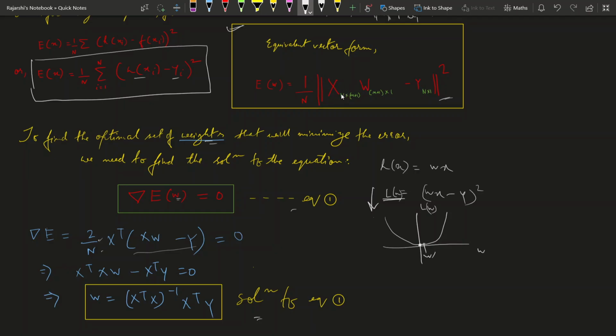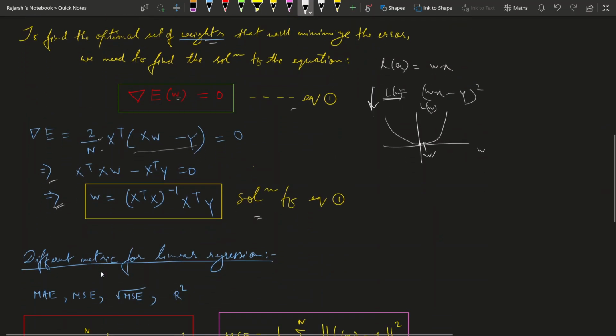This will be treated as a constant, X will be treated as a constant, and it will go outside, hence you get X transpose over here. This is the next step. We are just opening the brackets, and then this is the actual answer you get. This is the value of the weights.